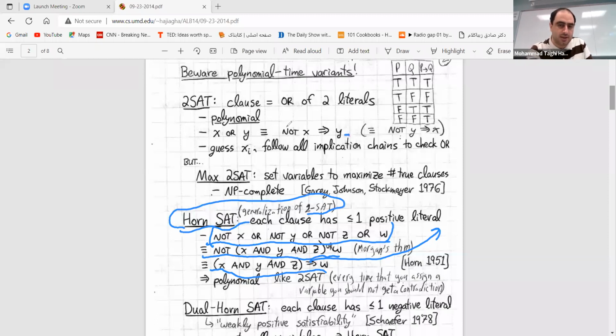So we mentioned that this formula is equivalent to, so we can essentially change the OR case. Here we have an OR of w and this formula. So when we have an OR of this formula and this formula, we can change it and write it in terms of implications.